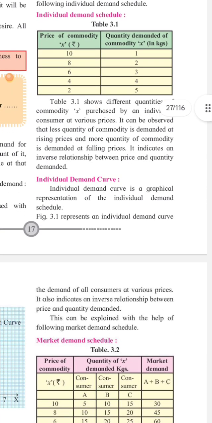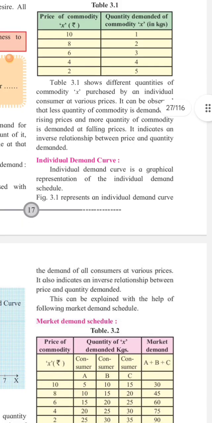Here you can see the schedule in table 3.1: price of a commodity and quantity demanded of commodity X in kgs. When the price of a commodity was 10, the consumer was purchasing 1 kg, and when the price was falling, and came to 2 rupees, the consumer was buying 5 kgs.